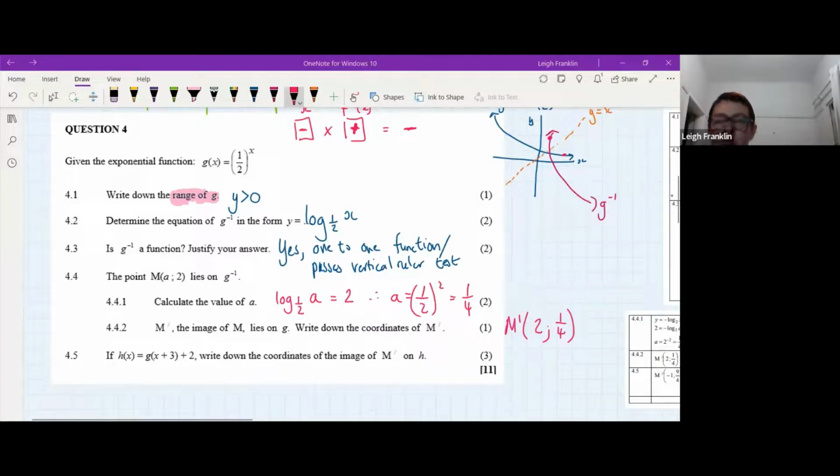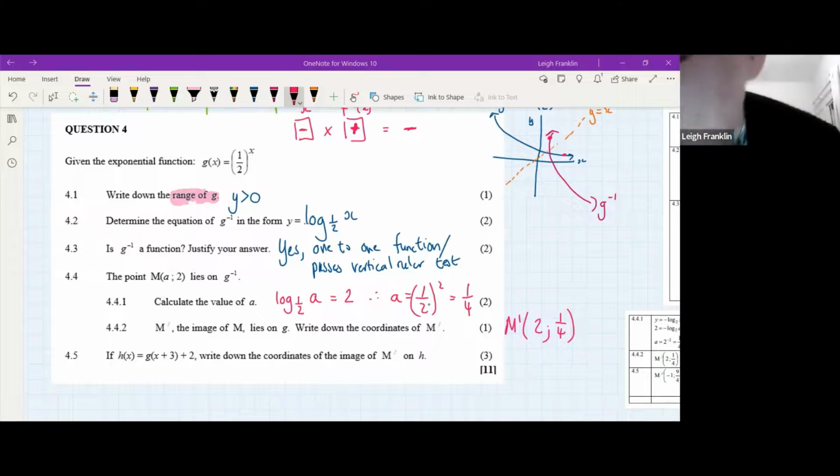So now, perfect, guys. They go and ask us one of these dreaded questions. If h(x) equals g(x + 3) + 2, write down the coordinates of the image of M on h. Ooh, okay.